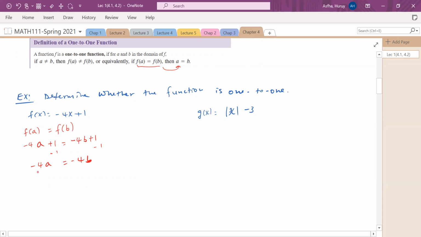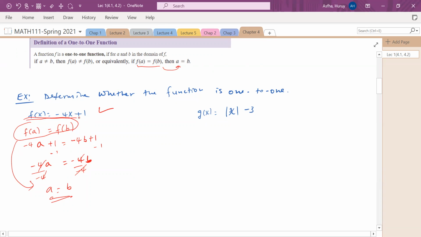And again, if we divide both sides by negative 4, they cancel out. So we have a equals b. So we started with f of a equals f of b, and then we showed that if this is true, then a equals b. Therefore, this satisfies the definition of a one-to-one function. So we showed that this function here is a one-to-one function.